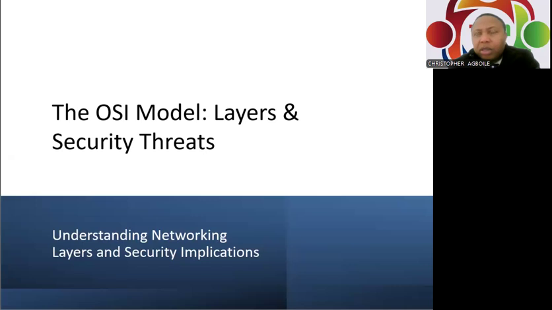Here, I want to talk about the security threats at different levels of the OSI model. Like I said, the OSI model is a kind of modular communication model, where each of the levels, level 1 to level 7, is modular.